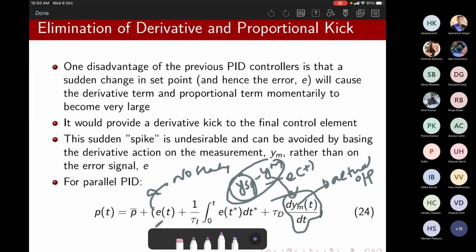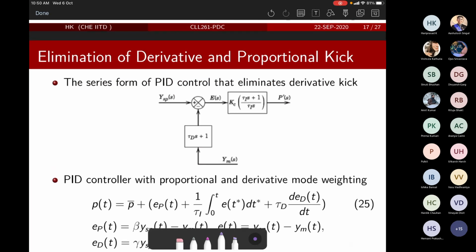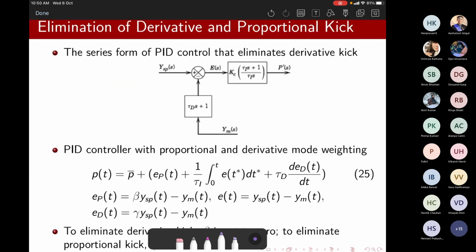Instead of your E, you will only use YM. So another option to deal with such a thing is what is known as weighting. In this context, instead of the true error E, so this is the proportional term, and this is the derivative term.